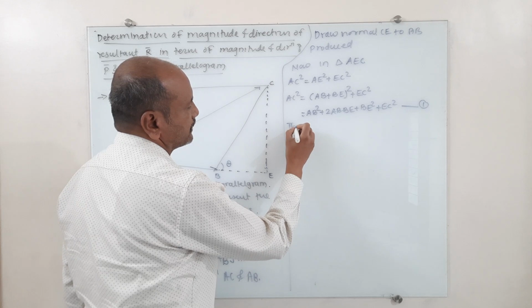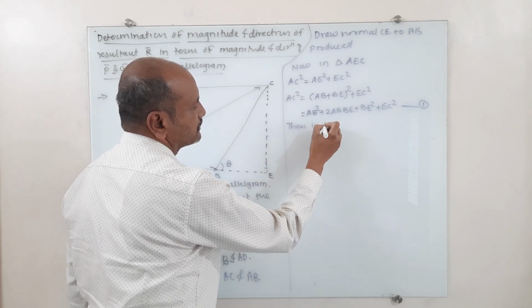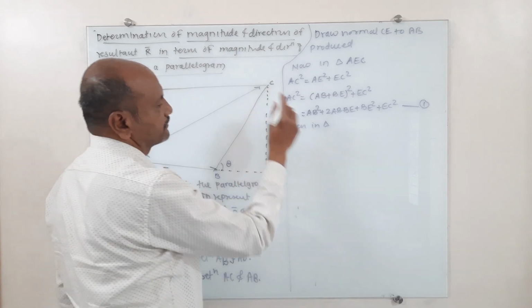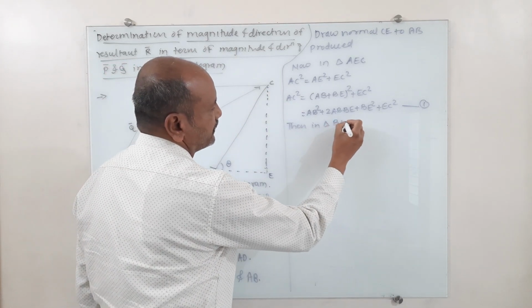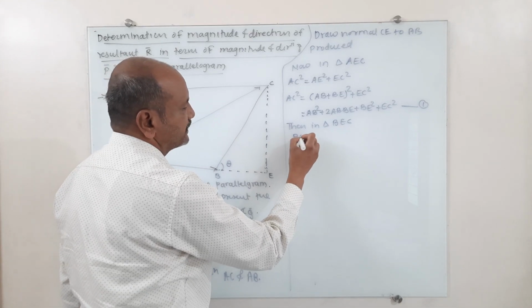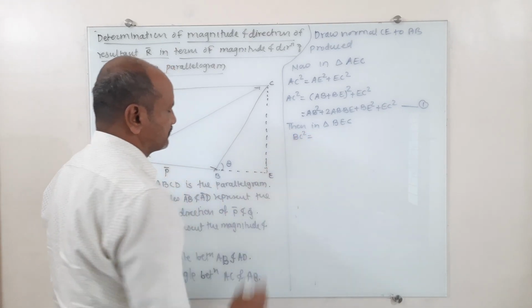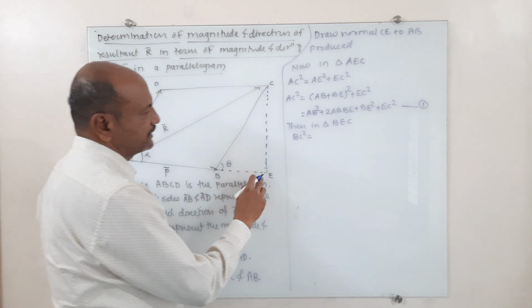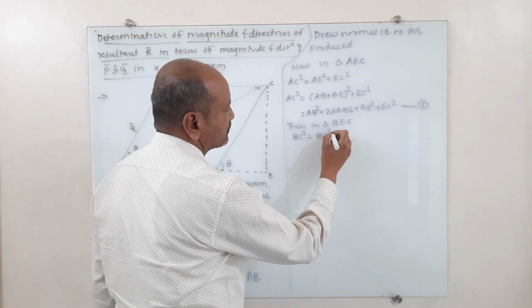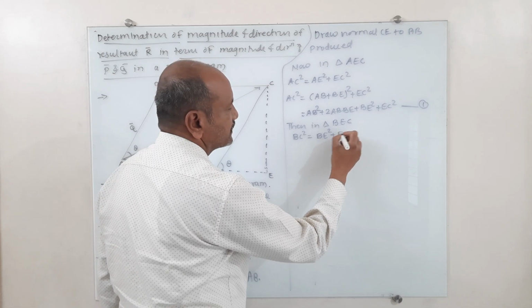Then inner triangle BEC. In BEC, BC square is equal to BE square plus EC square.